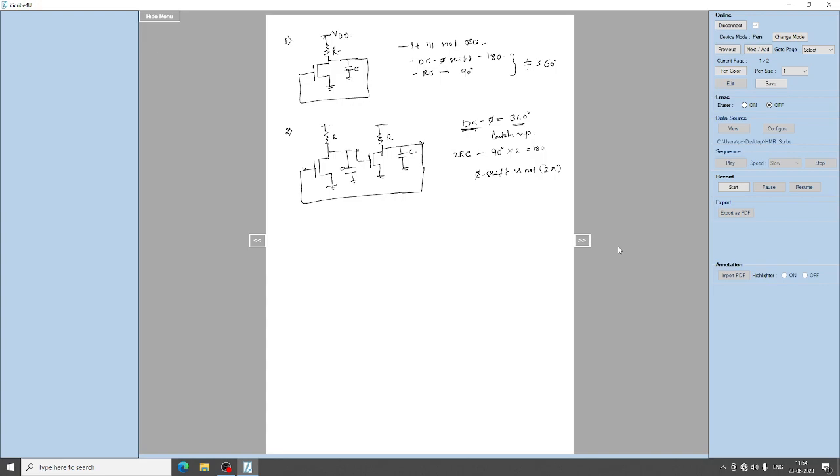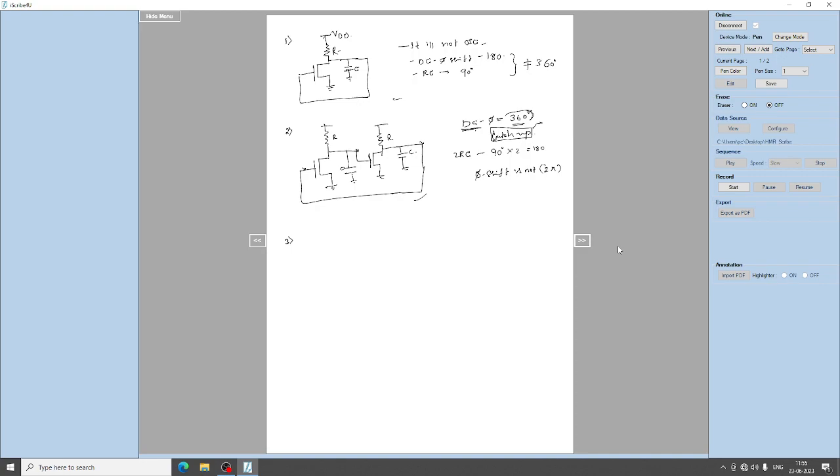So this will also not oscillate. At that point, if it is 360 degrees, it will not oscillate, or you can say it is oscillating at 0 frequency. It is latched up to 0 voltage or high voltage. The output will be always 1 or always 0, right? In both cases you have a phase shift problem.